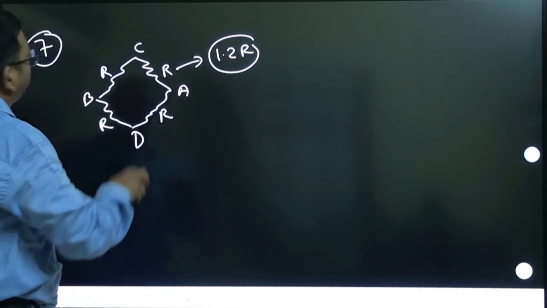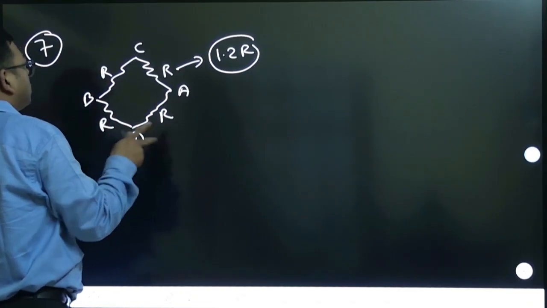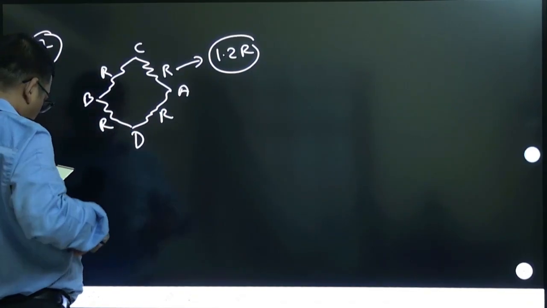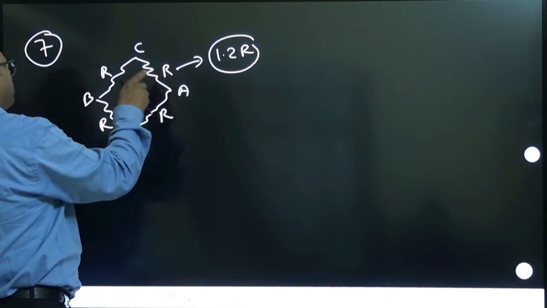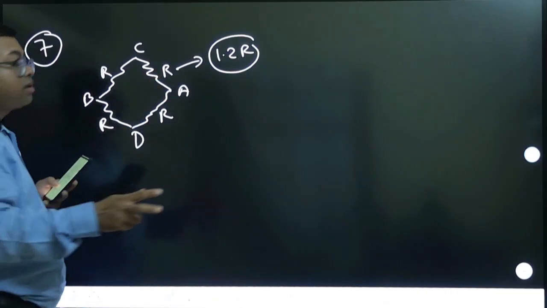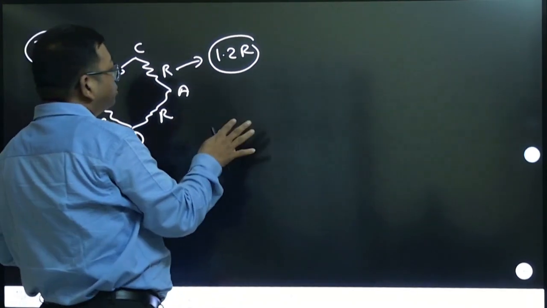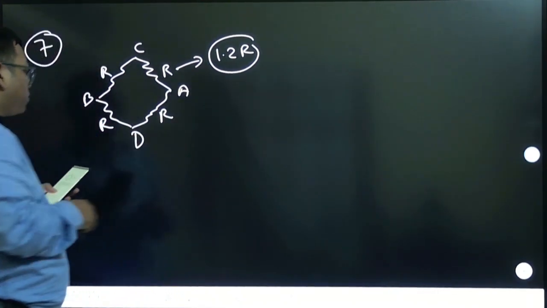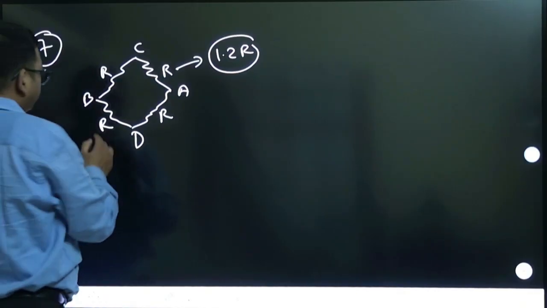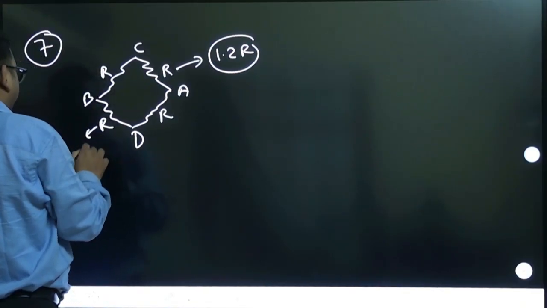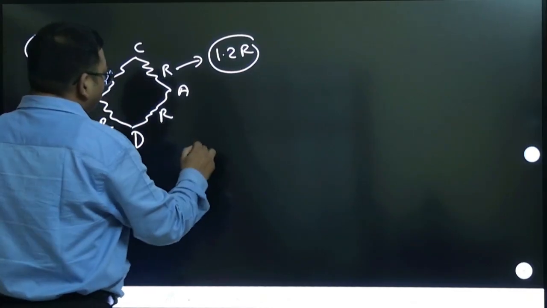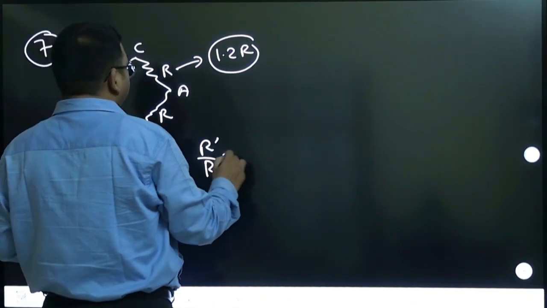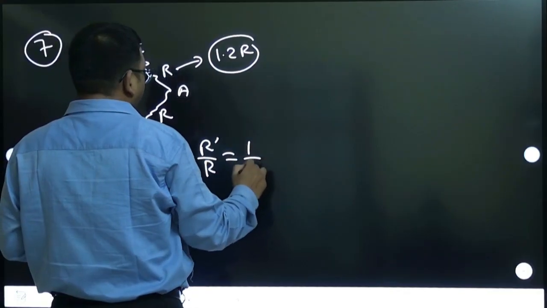So then this ratio, this by this, will become smaller, right? Previously this ratio was 1, now this ratio is 1 by 1.2. So this ratio also should be the same way. Now let us take that this has become R dash. So this R dash by R ratio should become 1 by 1.2.